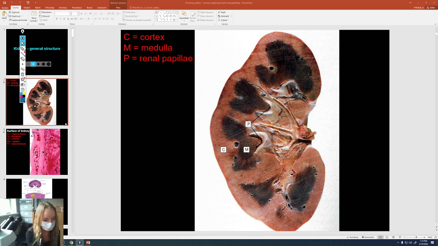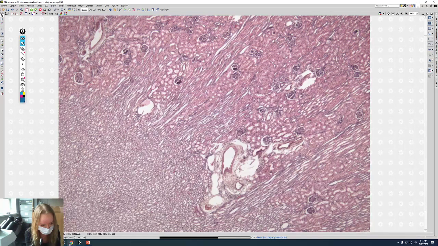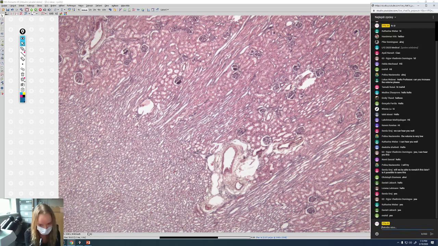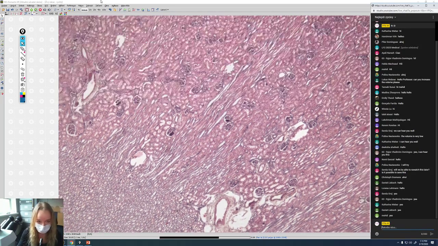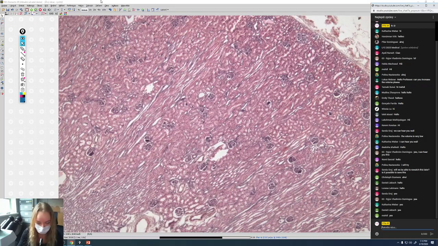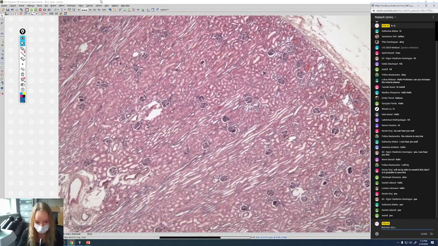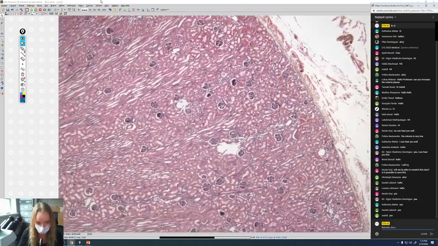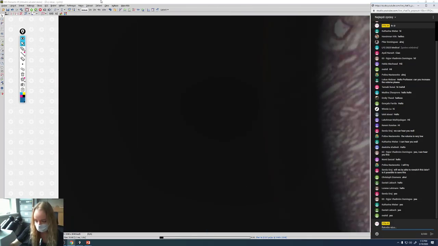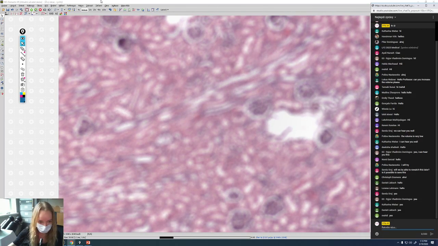Okay. So we're going back to the slide right now. And right now we are going to describe the renal body, or the renal corpuscle. So we're going to find some pretty one here. The most beautiful corpuscle here.